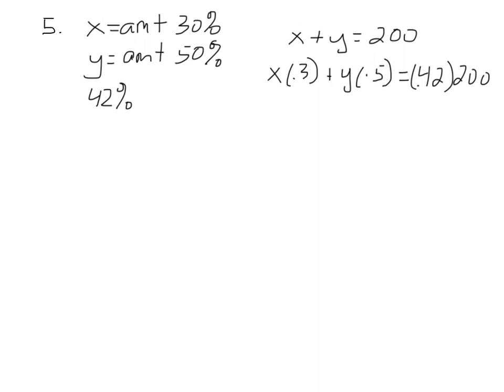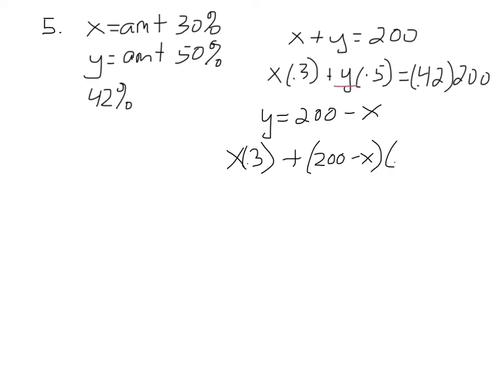And it asked how much of each solution should I use. So what I'm going to need to do is use substitution. I'm going to take the first equation, I'm going to solve it for Y. Y equals 200 minus X. Then I'm going to substitute that in for that Y there. And I get 0.3X plus Y, which is now 200 minus X, times 0.5 equals, and when you multiply 0.42 times 200, you get 84.